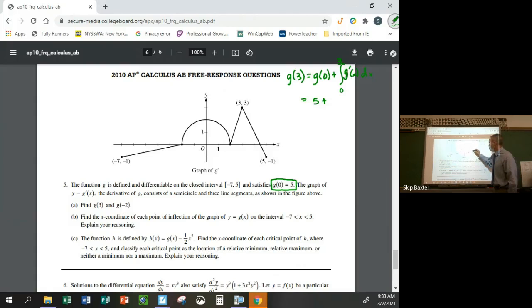So this is just a geometric problem, right? It's going to be a quarter circle, which is 1/4 pi r squared, plus a triangle, 1/2 base times height.